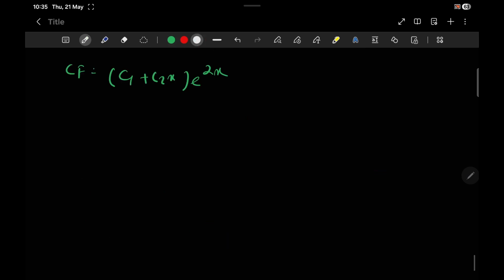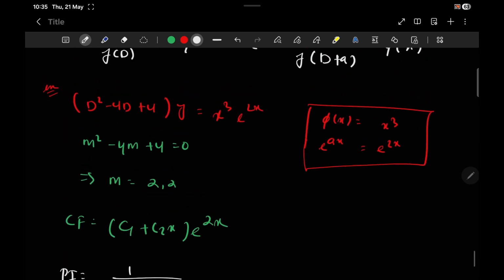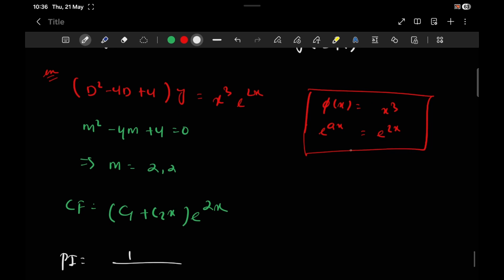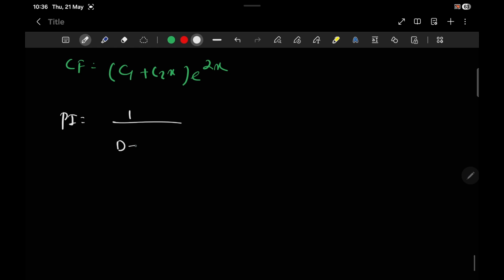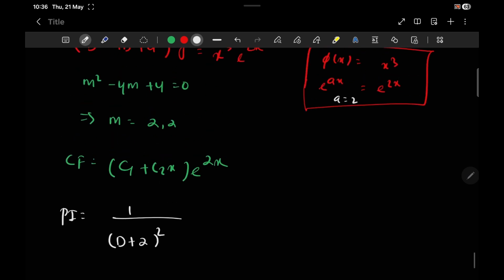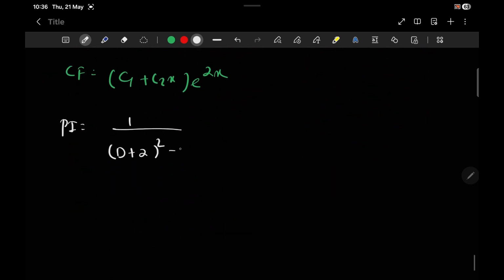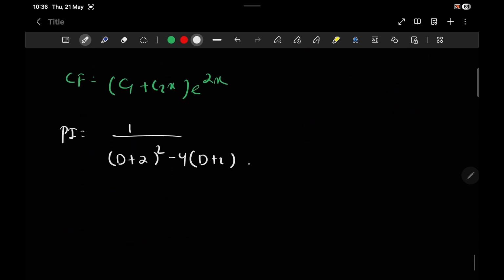Now the particular integral will be 1 by f of d plus a. So here a is 2, so (d plus 2) square minus 4(d plus 2) plus 4, multiplied by x cube, and the e to the power 2x stays on the left.